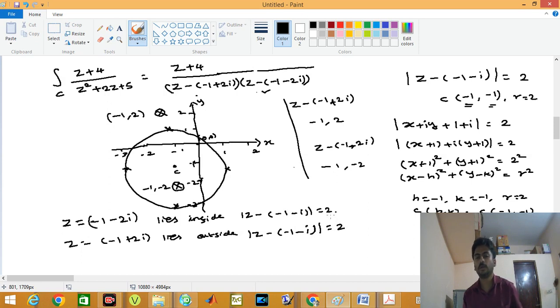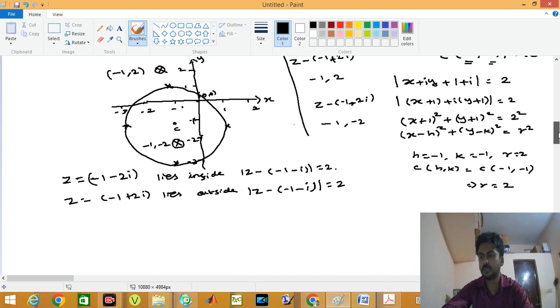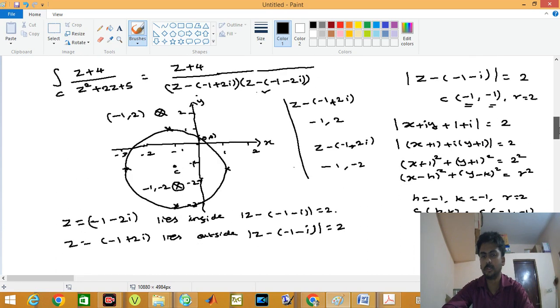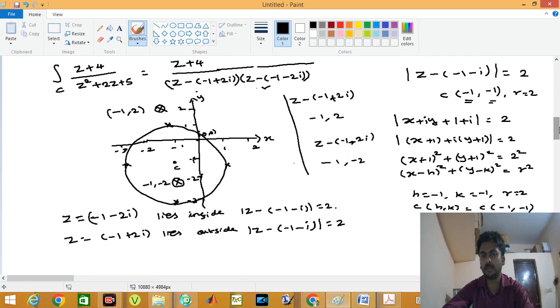Okay, so by Cauchy's integral theorem we have to make the denominator of f of z lie inside the circle. So I am going to change the denominator. I am changing the function as f of z.